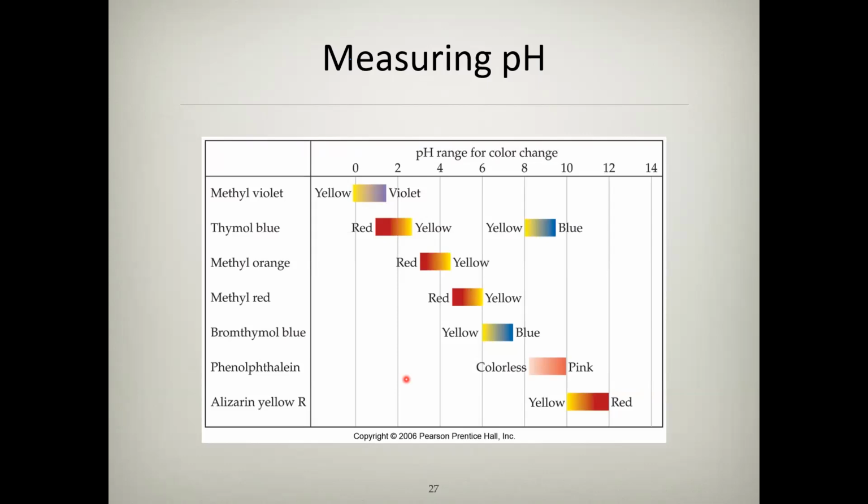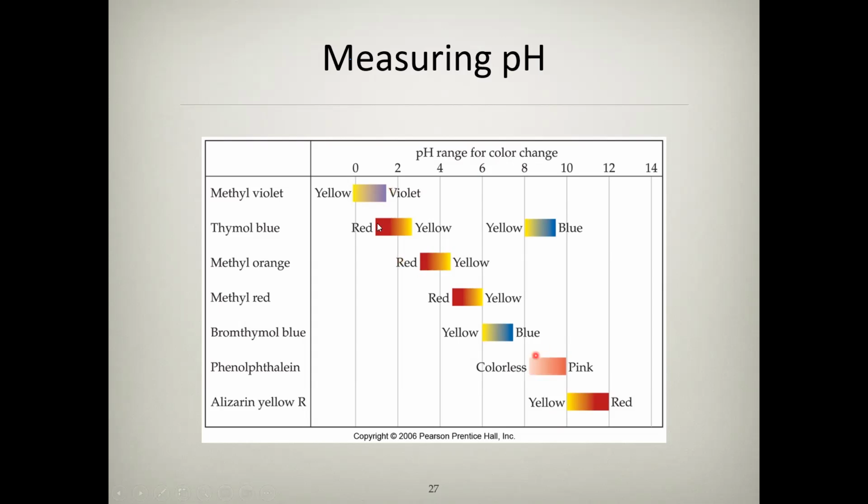But like I said, there's going to be also indicators. So if you've ever done an acid-base titration in any of your previous courses or lab experiments, you had to use a pH indicator because the acids and the bases themselves are going to be colorless. And then these indicators change at specific concentrations, or specific pHs, I should say.